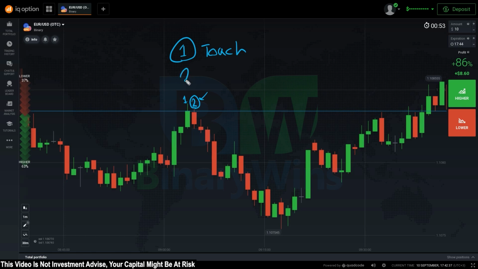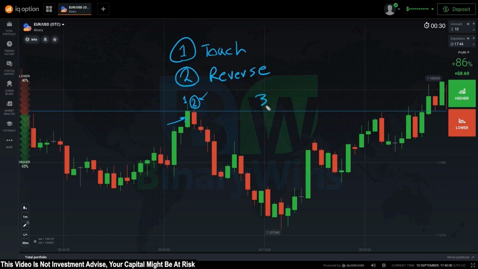The second rule, it must be a reversal candle or form a reversal pattern with the first candle. That is, the reverse happens.